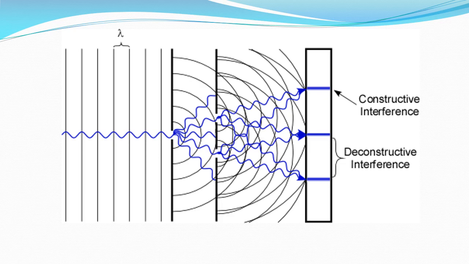Now, this diagram is not the easiest to follow, but hopefully I'll explain and it'll make sense. First things first, I just want you to remember what diffraction is. Diffraction is when light or sound goes through a small gap and spreads out from that gap. So if we had laser light and it went through two slits, our gratings have thousands of slits on them, but let's just say two slits here.